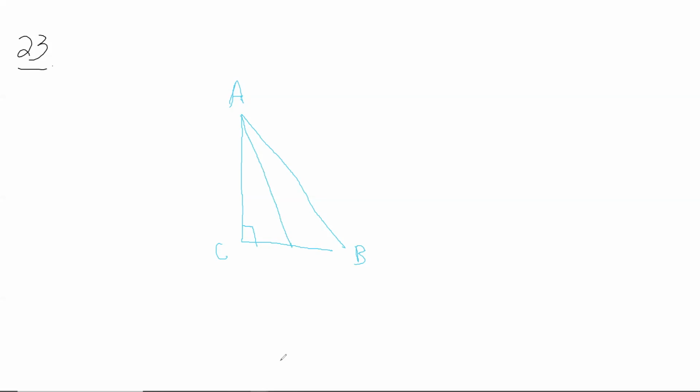So AC is square root 2, and this is D, and CD is 1, which means that AD is square root 3.